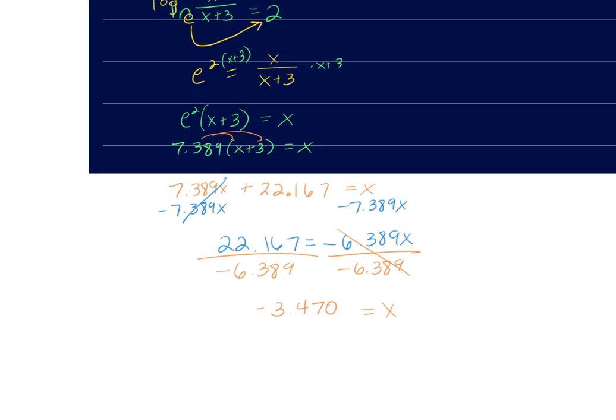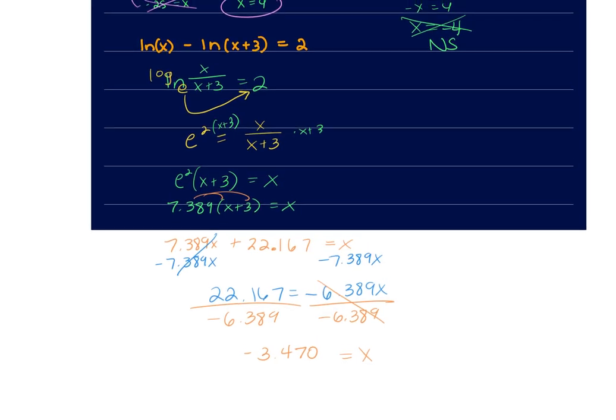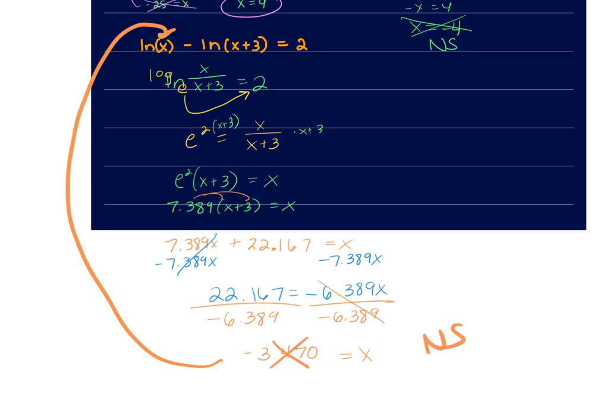Did this question start with a log? Is ln a log? Yes. So what do you have to do? Check. Can I plug that one back in? No. So this is no solution. It doesn't work. If it was positive, I could keep it. But if it's negative, it doesn't work.